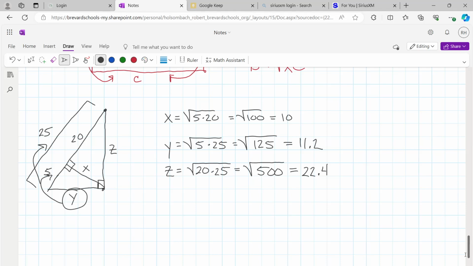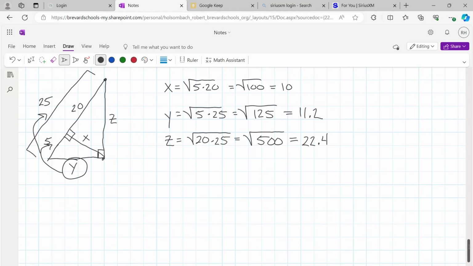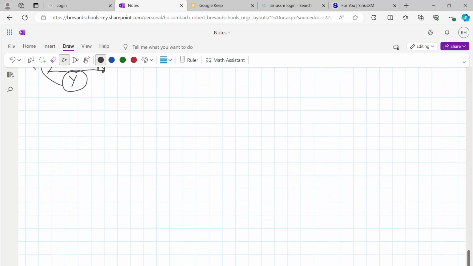Any questions on any of that? All right, turn the page, look at the guided practice on the top of 540. That's problem 3A. Let's get that triangle drawn.